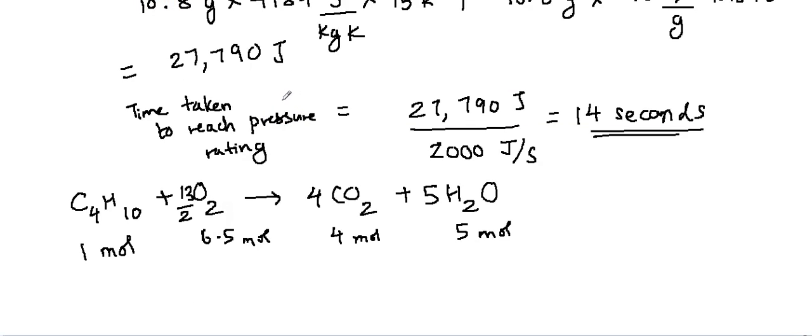Multiplying it by the molecular mass, we get 12 fours are 48 plus 10, 58. I hope that's correct. So this is 58 grams. 58 grams of butane forms 4 moles of carbon dioxide. So that's 44 times 4, 176 grams of carbon dioxide.